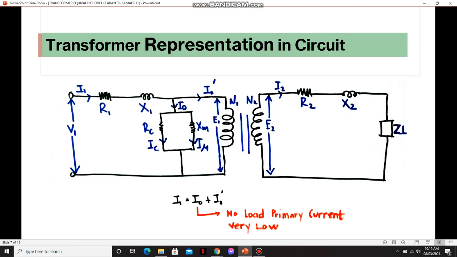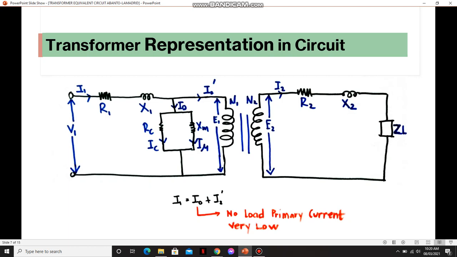I0 has two components. One flows through this resistance, the core loss component of no-load primary current, and the core loss component resistance. Then XM, the magnetizing reactance, and the current flowing is the magnetizing component of no-load primary current I mu.